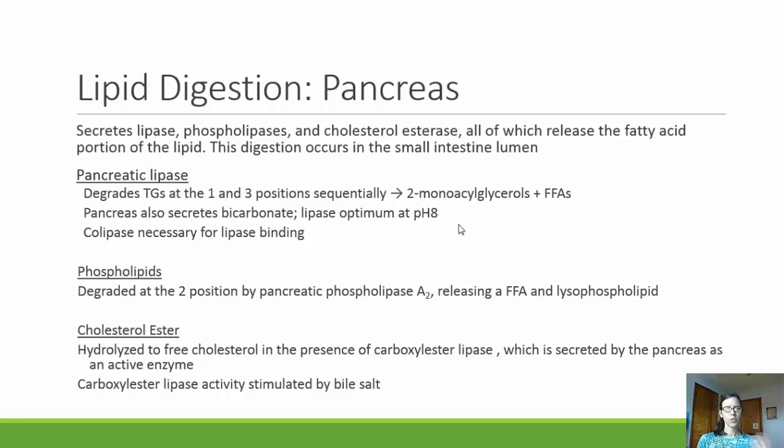This lysophospholipid will continue to come up. And then, okay, I see, this is just a different structure. There's also cholesterol esterase, which breaks up these cholesterol ester bonds and hydrolyzes them to free cholesterol, in the presence of a lipase secreted by the pancreas.